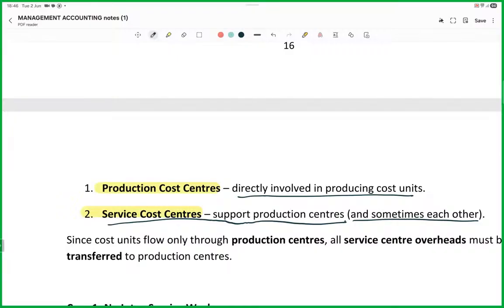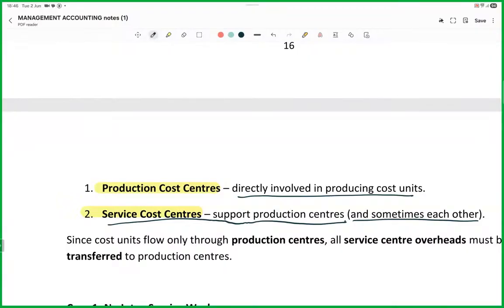Like at RCM here, we have a production department. Our key role here is to produce accountants, to teach you people. So like now, Mwalimu here automatically is in the production department. But for us to be able to deliver very well, we need a canteen.